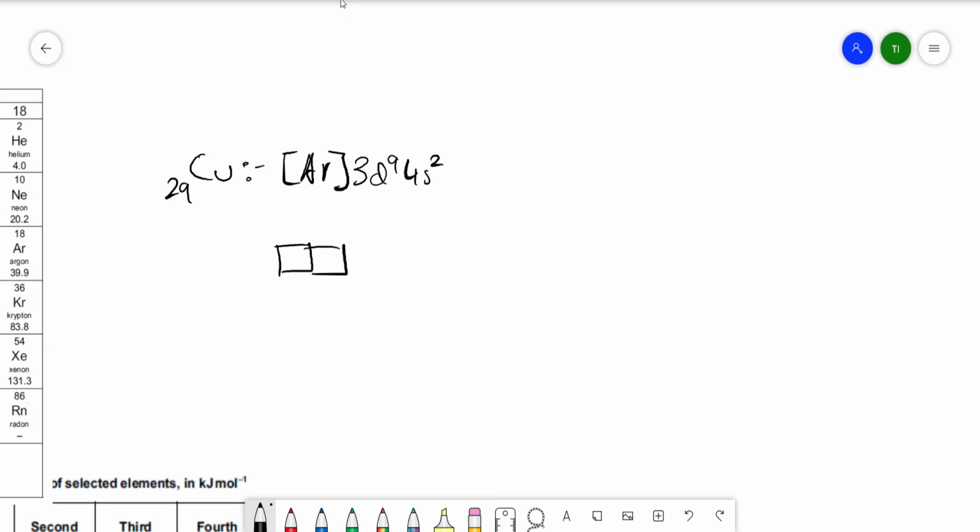When you draw that out in terms of orbitals, it would be something like this. Now recall that I said the two most stable states are when the orbitals are either half filled or fully filled. But over here one is fully filled, but the other is half filled.